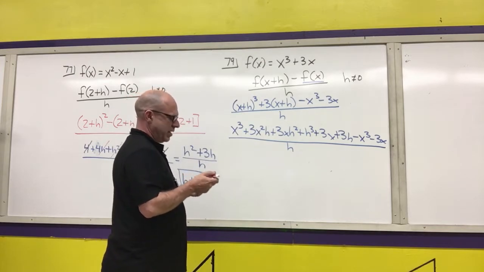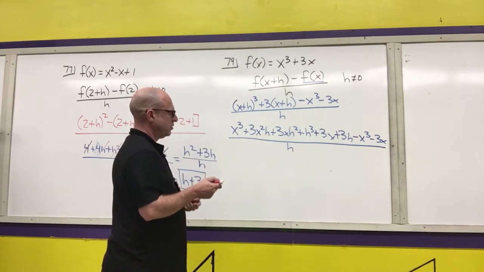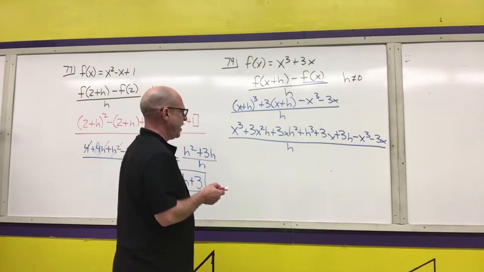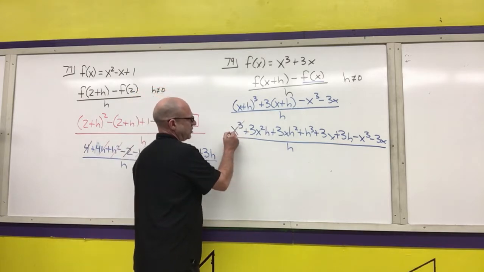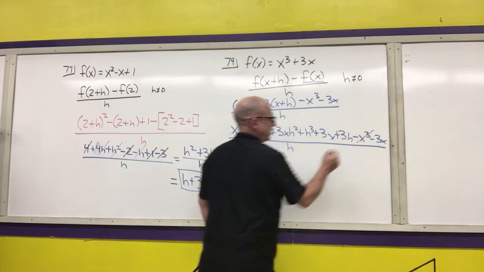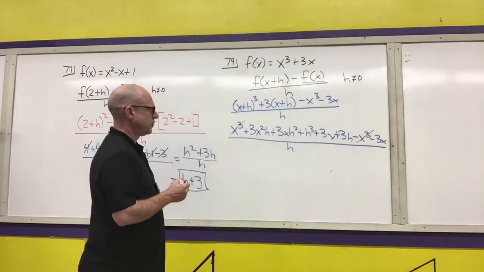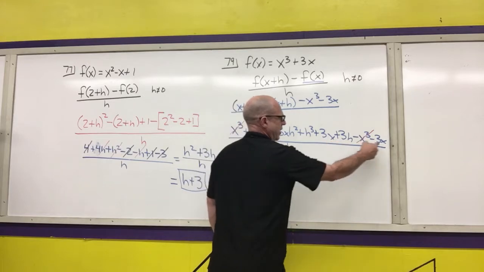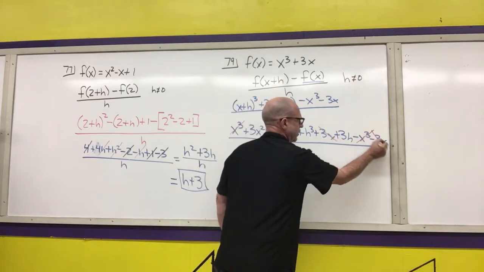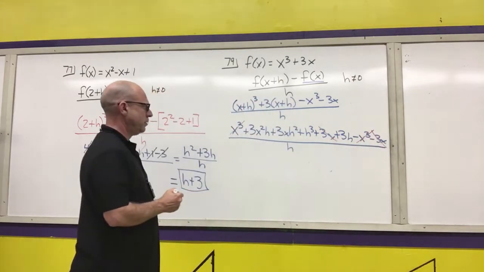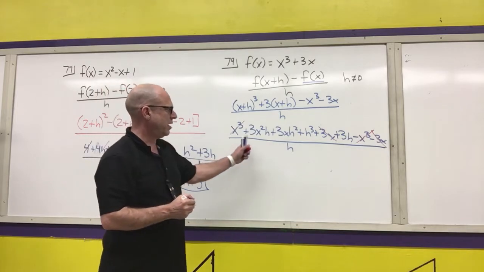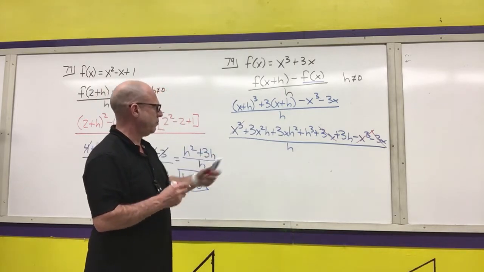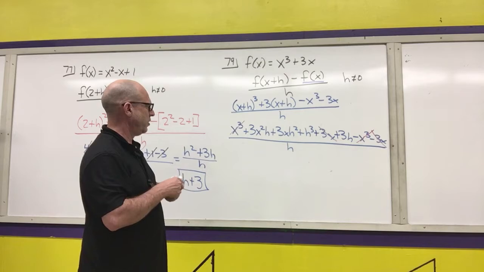Going to write it in standard form. I'm going to start out with my x cubes. I have an x cubed and a negative x cubed. Those cancel. I have a 3x and a negative 3x. Those cancel. And it looks like every term that's left is going to be here.